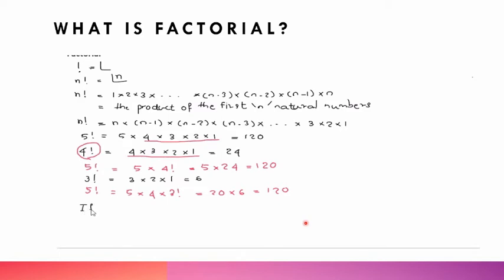So we can conclude, if m and n belong to the natural numbers and m is greater than n, then m factorial can be expressed in terms of n factorial.